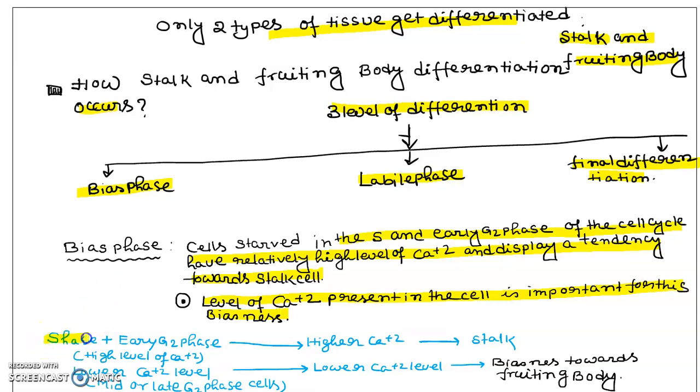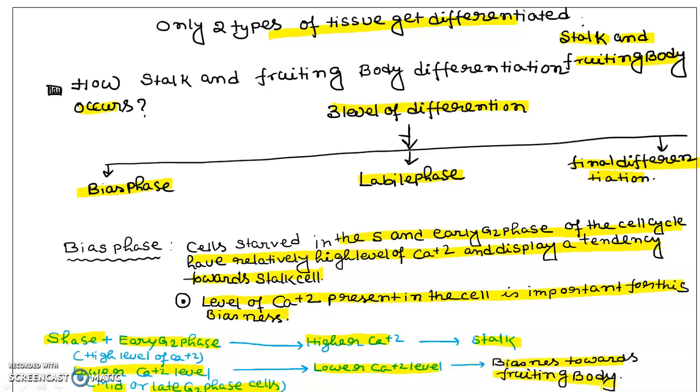So S phase cells and early G2 phase cells, with higher calcium, become stalk cells. Lower calcium level, that is in mid or late G2 phase cells, biases them towards the fruiting body.